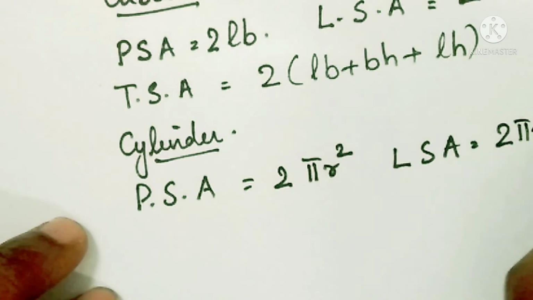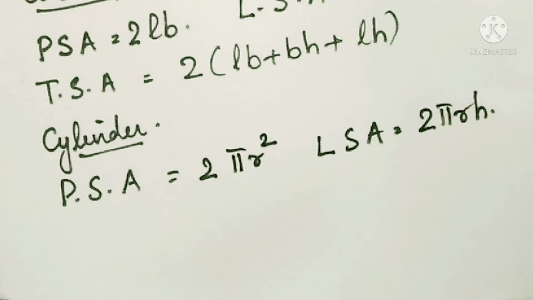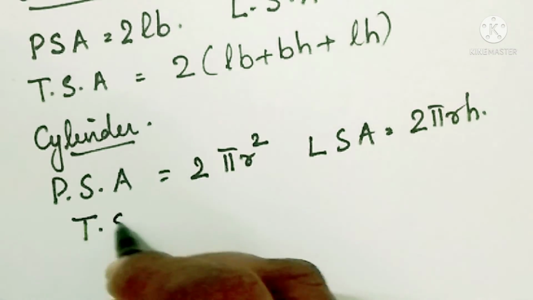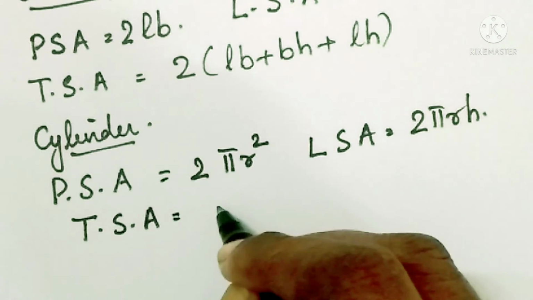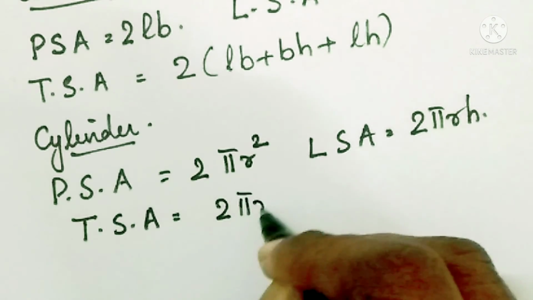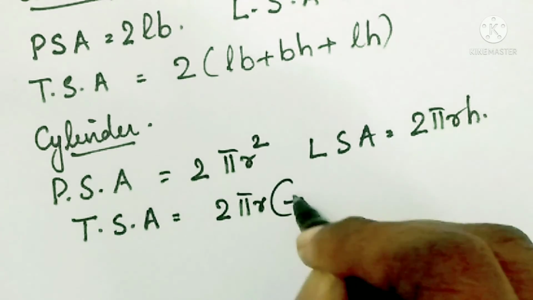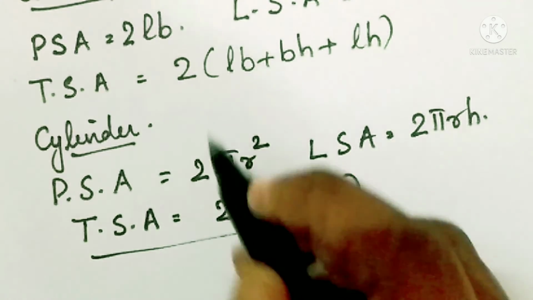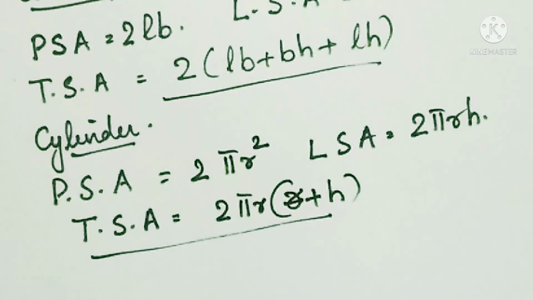LSA is 2 pi r h, and total surface area is 2 pi r into (r plus h). So these are important formulas which you need to learn and remember whenever you need to solve the sums.